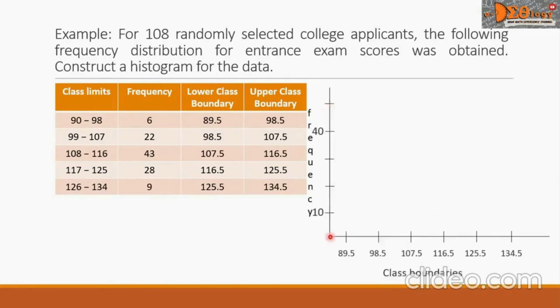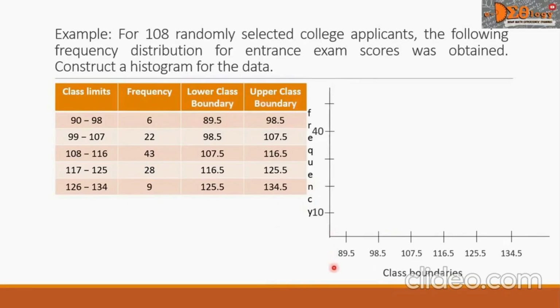First, let us draw the horizontal line and the vertical line here. In the horizontal line, we will write the class boundaries, and for the vertical line, we will write the frequency. Now, let us describe the first class interval. Take note, the first class interval has lower class boundary of 89.5 and the upper class boundary is 98.5.